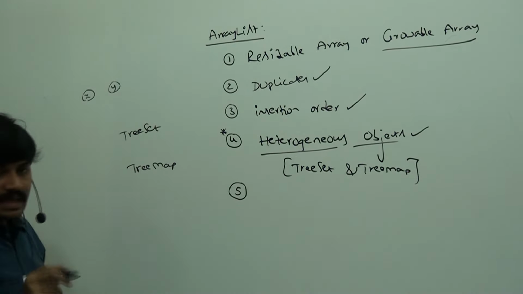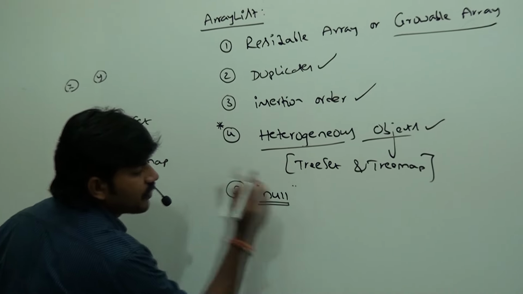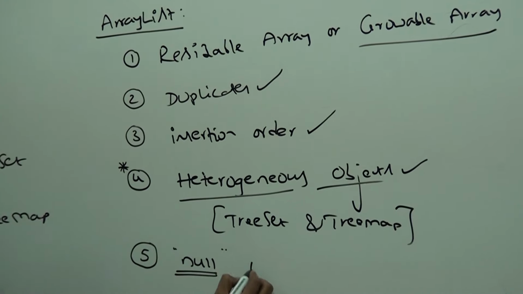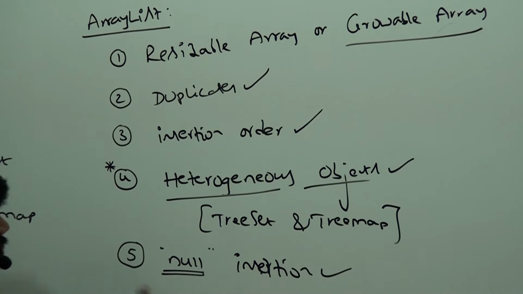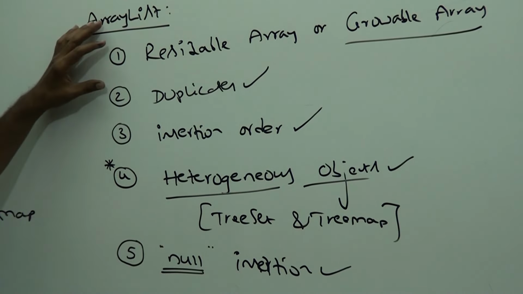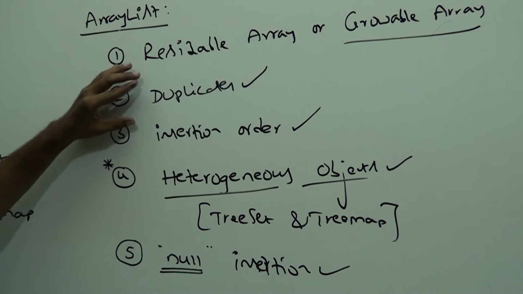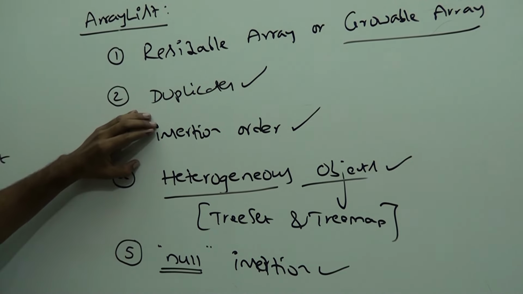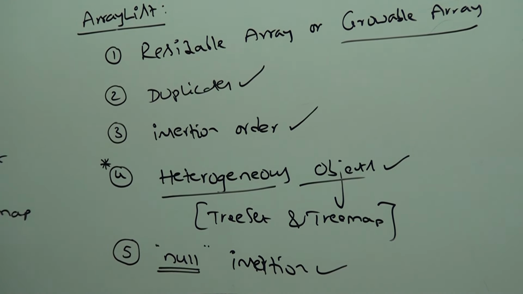Next, null. Is it possible to insert null or not? Null insertion is possible. Are you getting it? So these are some important points related to ArrayList: what is the underlying data structure, duplicates are allowed, insertion order is preserved, heterogeneous objects are allowed, null insertion is possible.